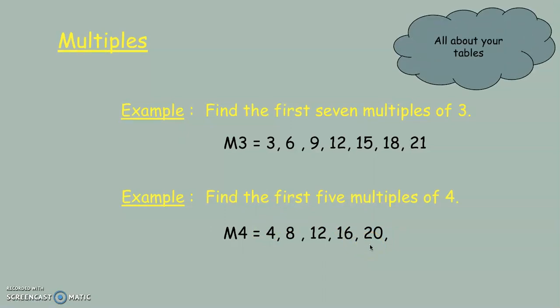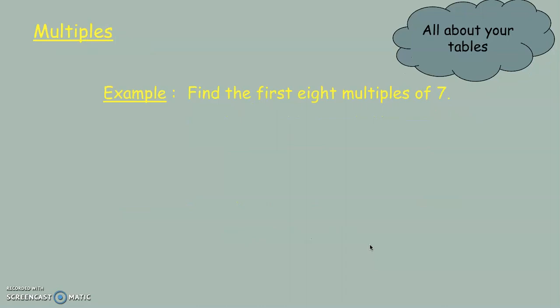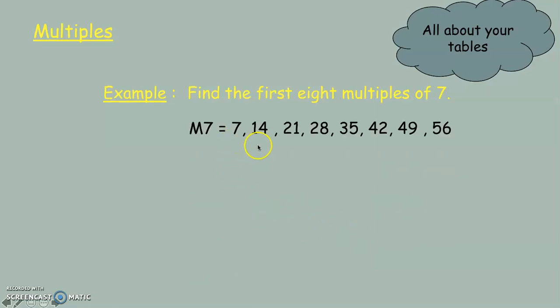It's all about our times tables. Next, find the first 8 multiples of 7, using your 7 times table. They would be 7, 14, 21, 28, 35, 42, 49 and 56. So your 7 times table all the way up to 7 times 8.